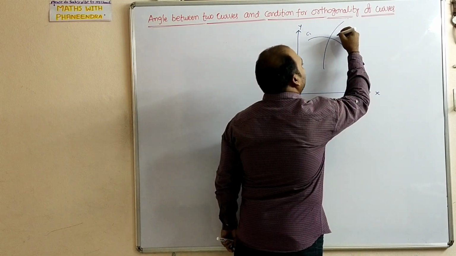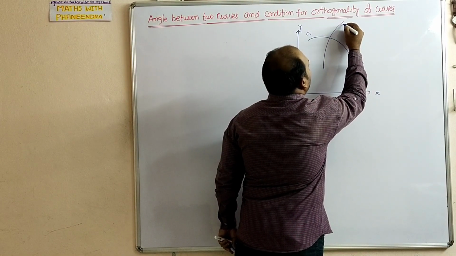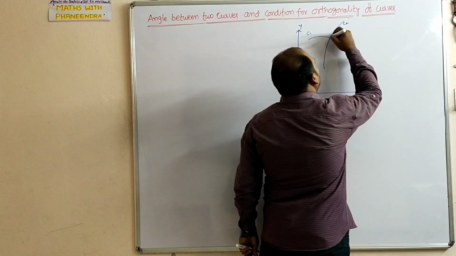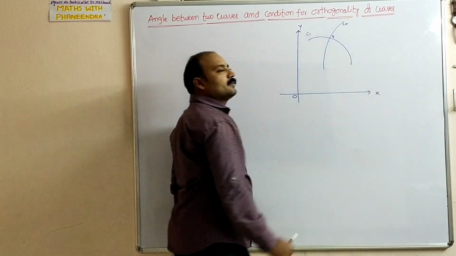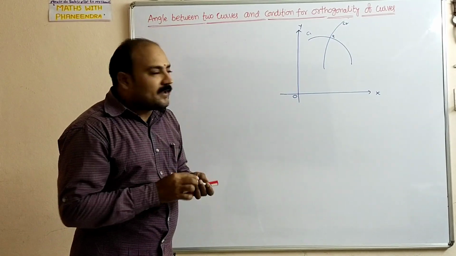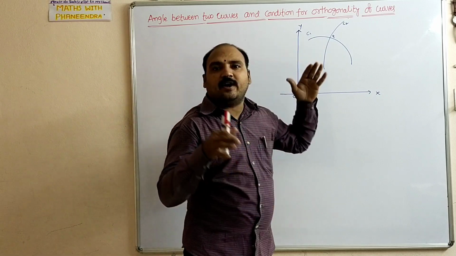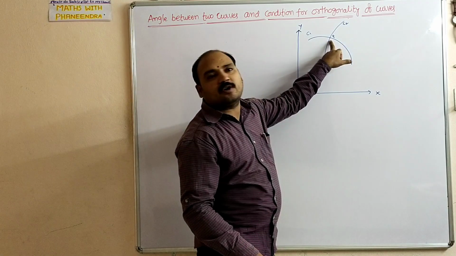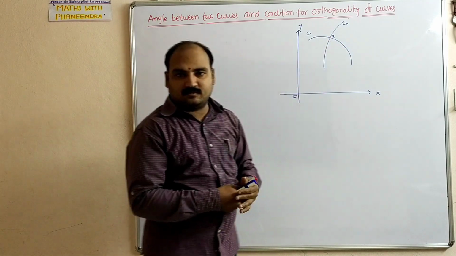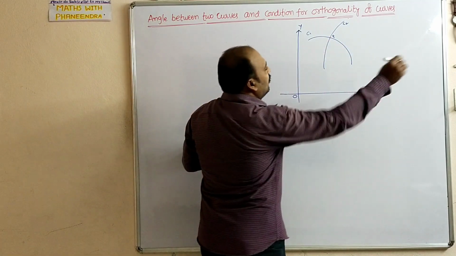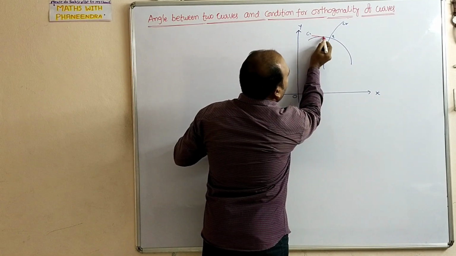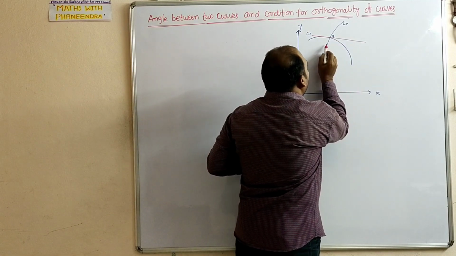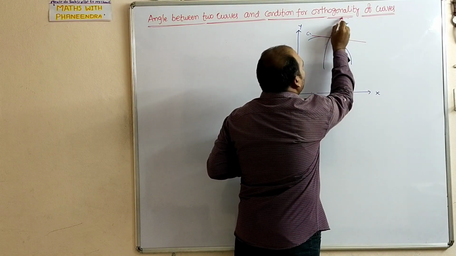Consider a second curve C2, which is intersecting at the point P. The angle between the two curves is defined as the angle between the two tangents at their point of intersection. I'll draw the tangent at P. This is the tangent at P to the curve C1. This is the tangent at P to the curve C2.